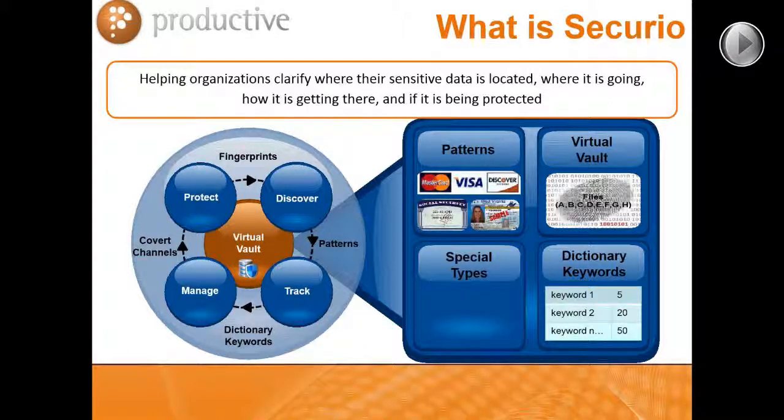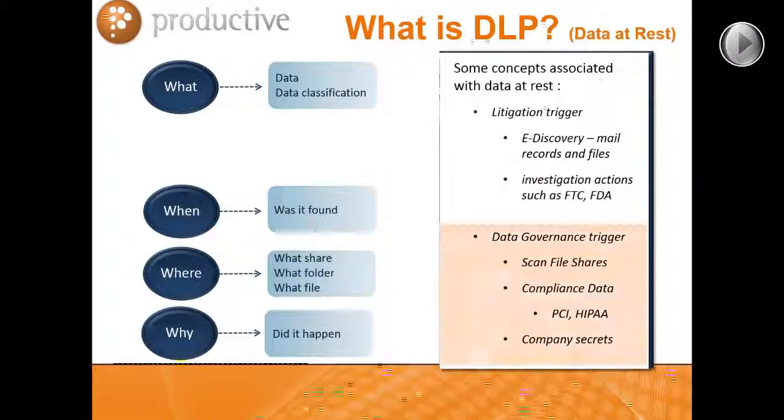The other big function we offer is Securio Discover, the bubble inside the circle, which is involved in looking for patterns, dictionary keywords, the virtual vault on data at rest. And so this does, we hope, a good job of describing for you basically at a very high level what Securio is.